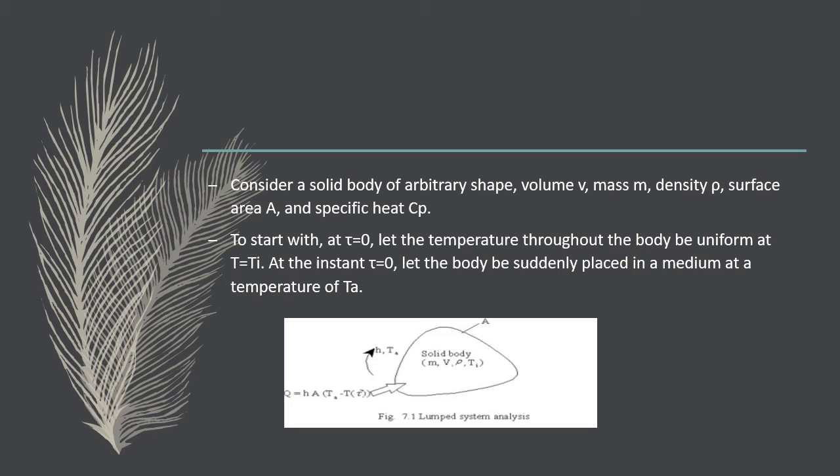At tau equals 0, let the body be suddenly placed in a medium at a temperature of T infinity. Here is the arbitrarily shaped body, where m is the mass, V is the volume, rho is the density, and Ts is the surface temperature.